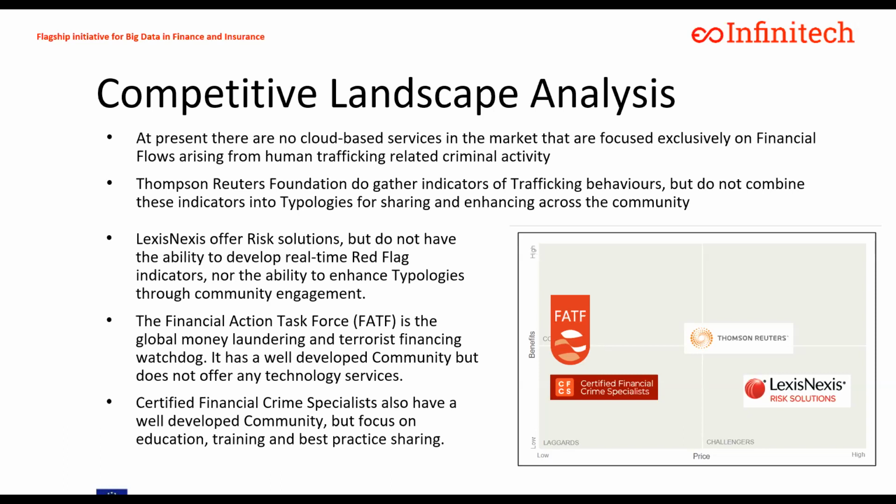Nexus Lexis offer very good risk solutions, but they don't actually call out red flags, and they also don't take the typology enhancement approach. And then you have other very good organizations like the Financial Task Force and the Certified Financial Crime Specialists. They drive a community of like-minded and interested people and drive innovation out of that, and training and upskilling. But again, they don't deliver this all in one package.